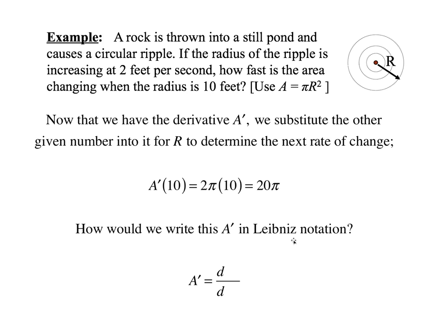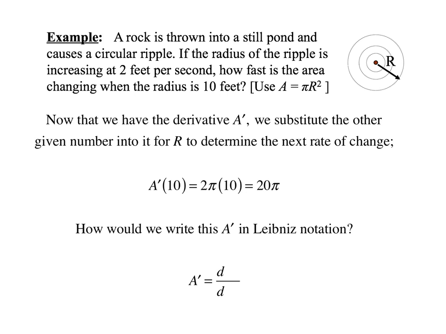Well, we know what the r is. The radius is given. That other number is the r in this derivative. So the derivative evaluated at 10 is 2 pi r. r is 10, so that's 2 times pi times 10, which is 20 pi.